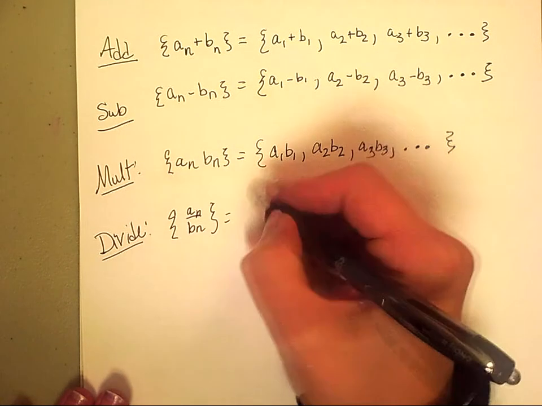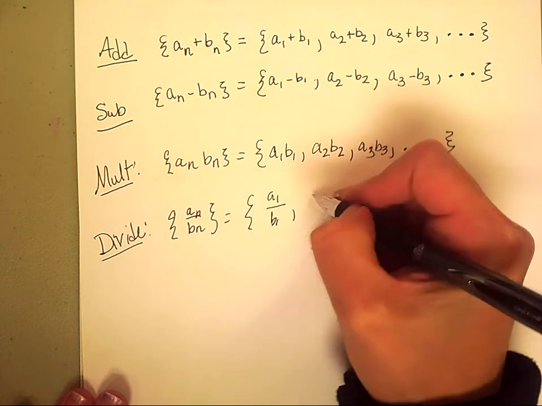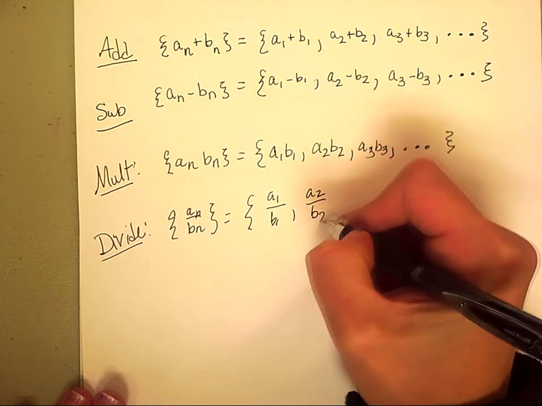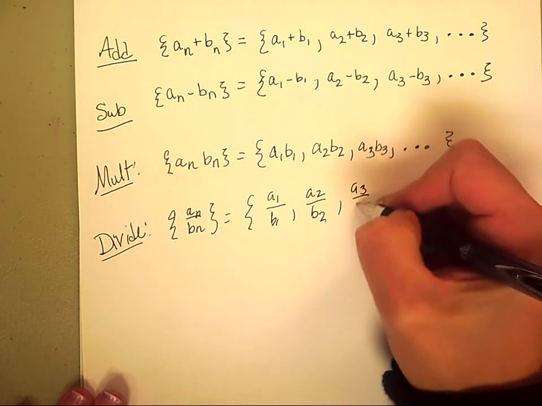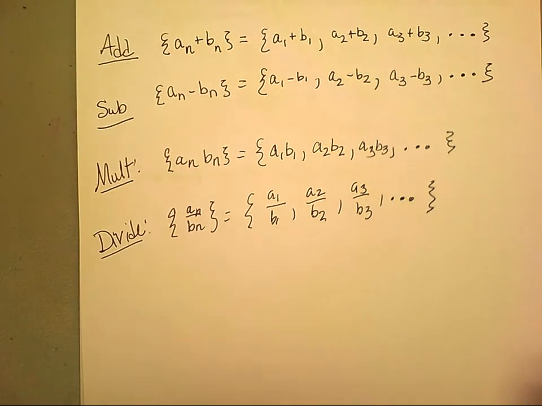So a sub n divided by b sub n, and again it's just term by term dividing, a1 over b1, a2 over b2, a3 over b3, etc.